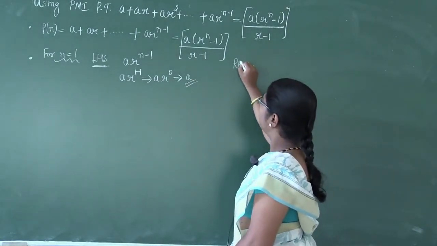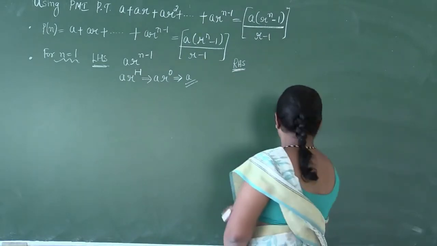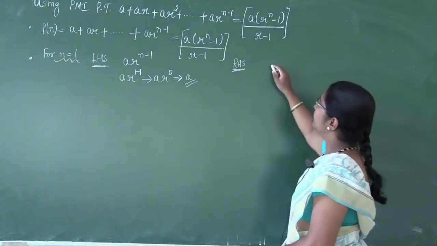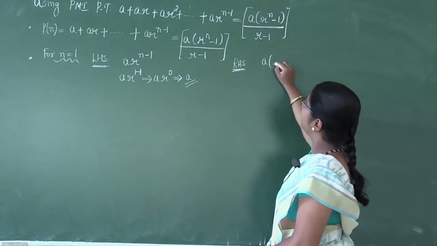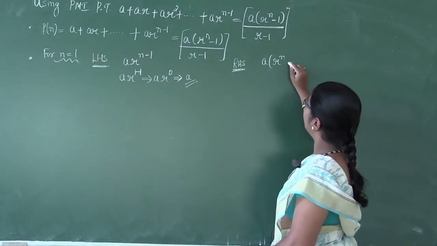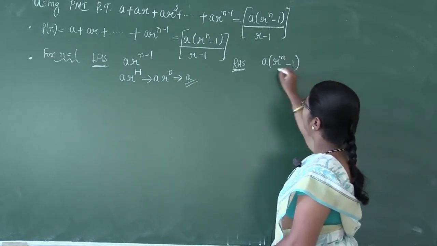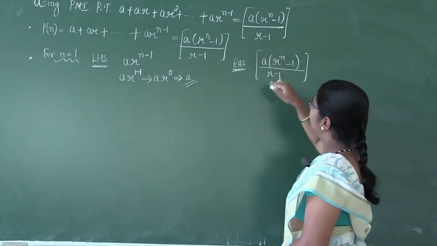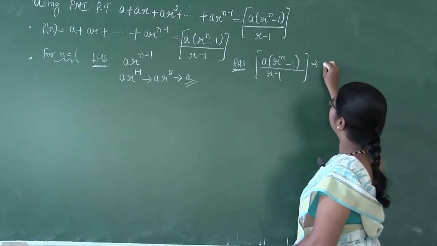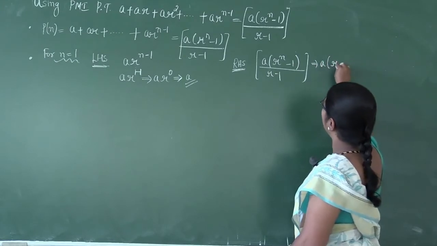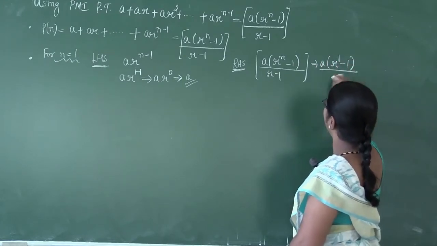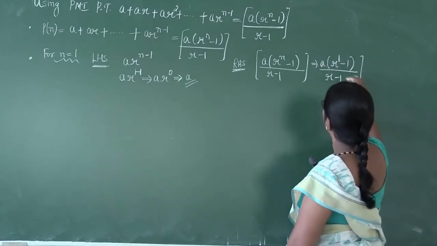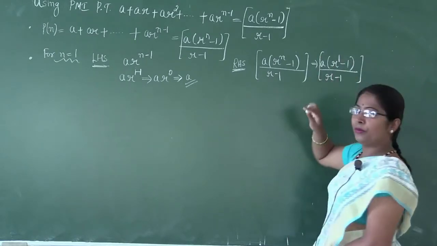Similarly, consider RHS. What is the RHS term now? A into R to the power n minus 1 divided by R minus 1. In place of n, what do you substitute? 1. A into R power 1 minus 1 whole thing divided by R minus 1. What is R power 1?